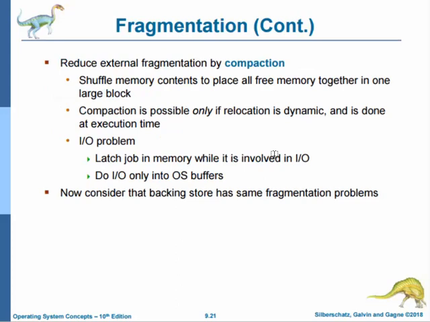One solution to the problem of external fragmentation is compaction. The goal is to shuffle the memory contents so as to place all the free memory together in one large block. However, compaction is not always possible. If relocation is static, for example, and is done at assembly or load time, compaction cannot be done.